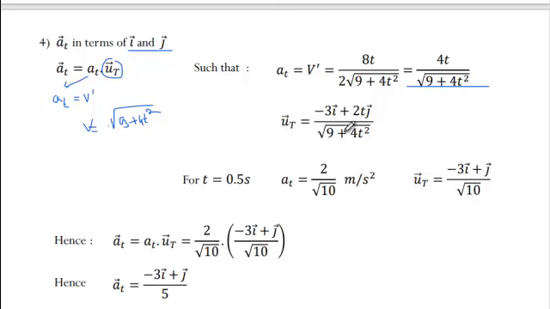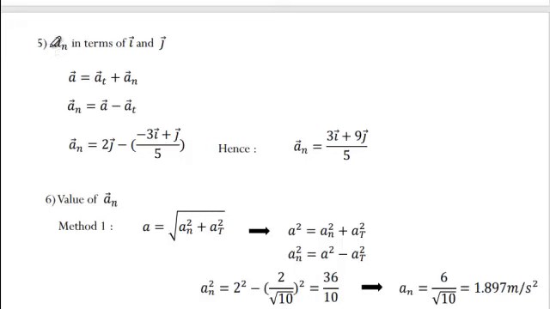Then in this case we will obtain the AT vector equals the value AT times the vector. Then AT vector in terms of I and J equals (minus 3i plus j) over 5. So as you notice, we found the tangential acceleration in terms of I and J. This way we have made the relation between the NT system and the I and J system.